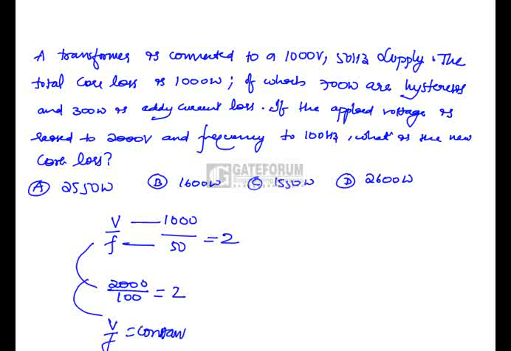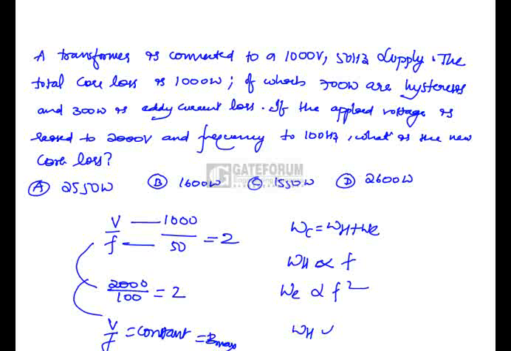If the V by F ratio is constant, the core loss is given as hysteresis plus eddy current loss. When V by F is constant, hysteresis loss is directly proportional to frequency F, whereas eddy current loss is proportional to F squared. V by F is nothing but Bmax.